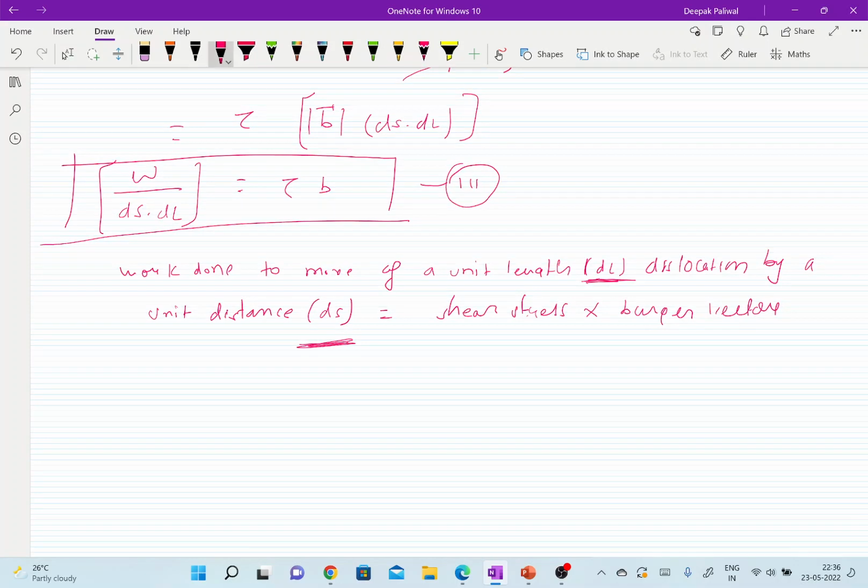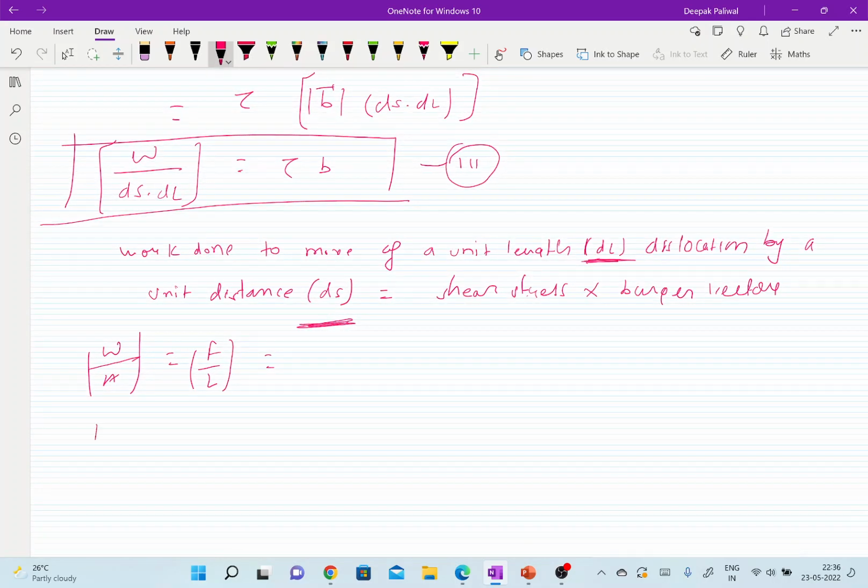As we know, if we divide work by area, it automatically becomes the force per unit length. So we can also check with the dimensions of the work, which is Newton meter, and area will be meter square. So finally we'll have Newton per meter, which is what we call force per unit length.